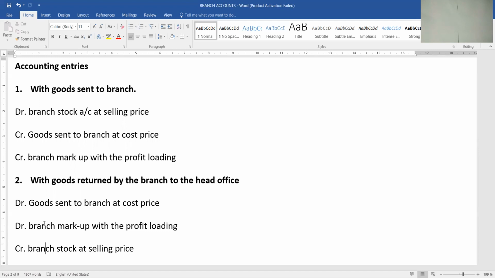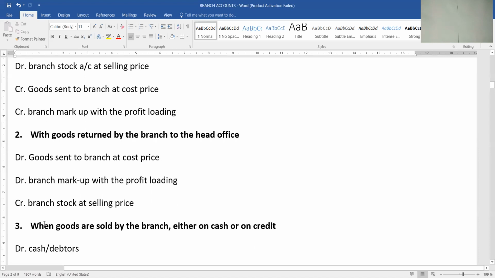So when you debit the stock account, you have increased the account. Then you credit goods sent to branch at cost price. Then you credit branch markup with the profit loading. So those are the entries you make.